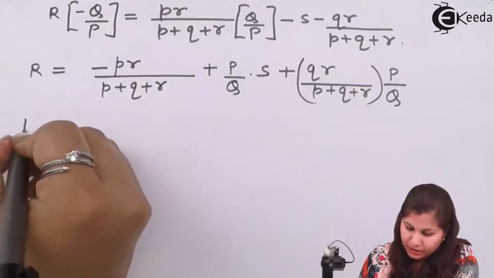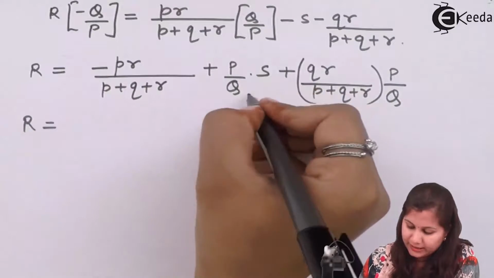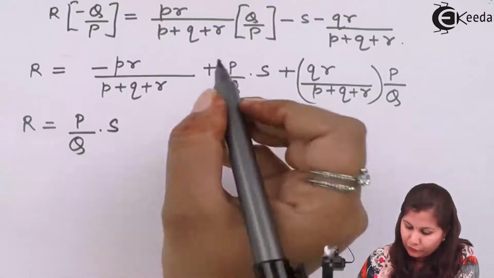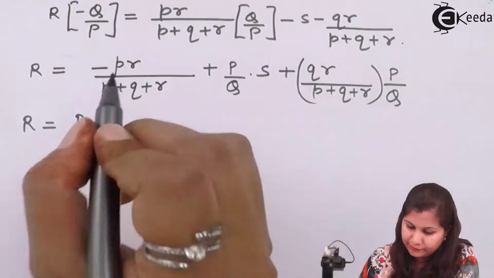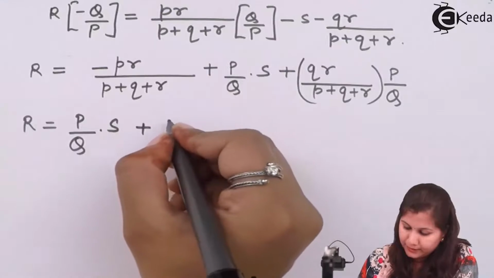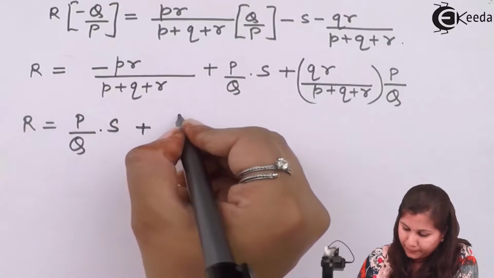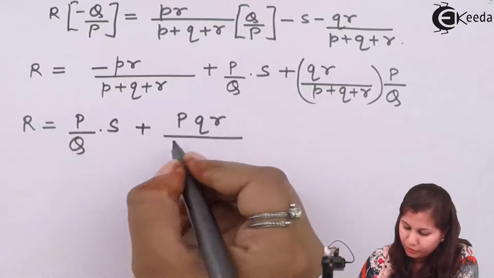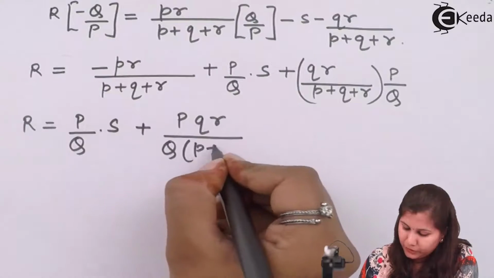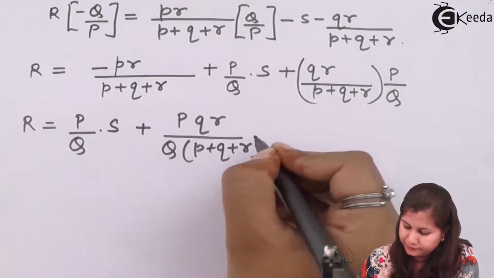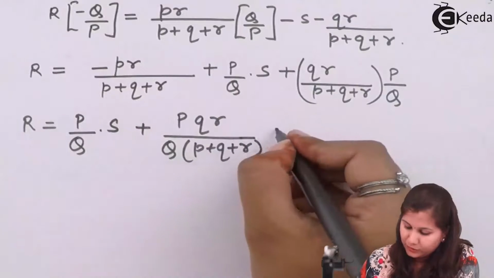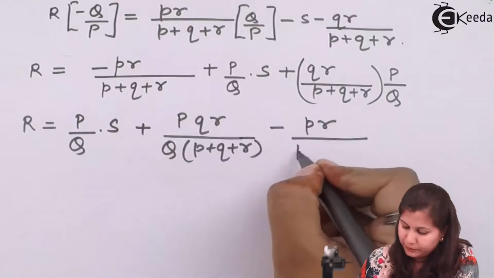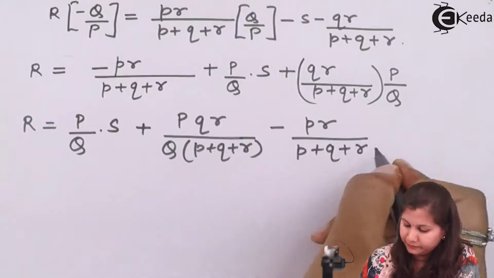Taking common, we will get, this is as it is P upon Q into S. From these two terms we will have plus, multiplying it inside, PQR upon Q into P plus Q plus R. Writing this on this side, minus PR upon P plus Q plus R.